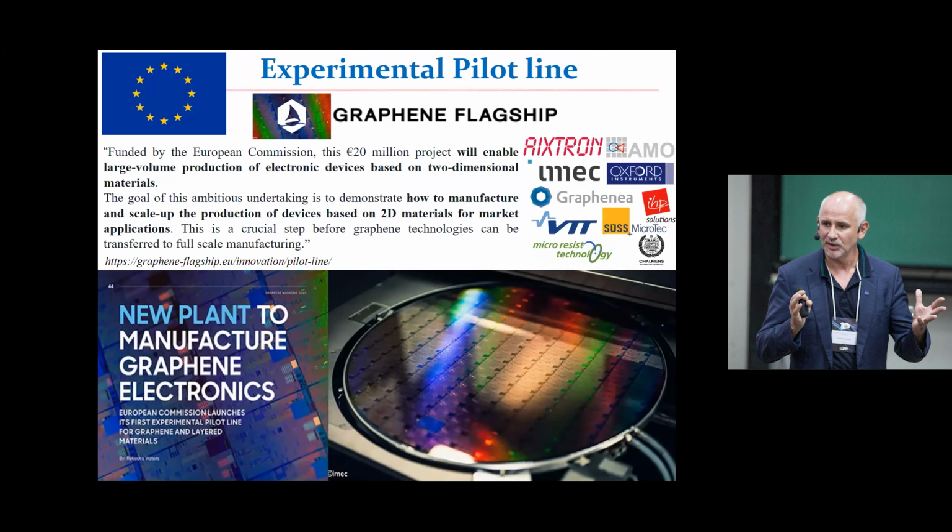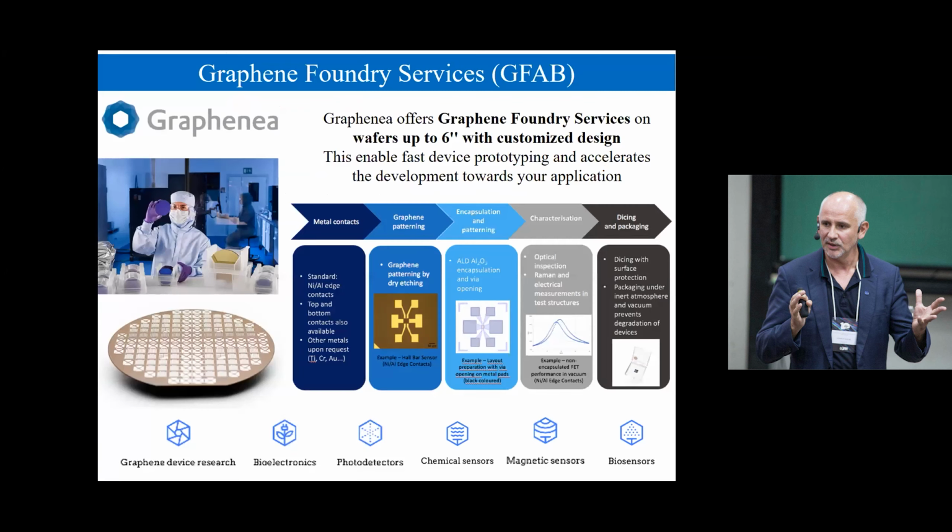Within this consortium, you have companies such as Graphenea, a Spanish company, which is already offering graphene foundry services to customers on wafer and with customized design. So really the revolution is ongoing now.